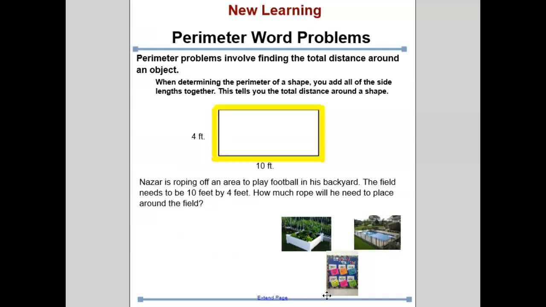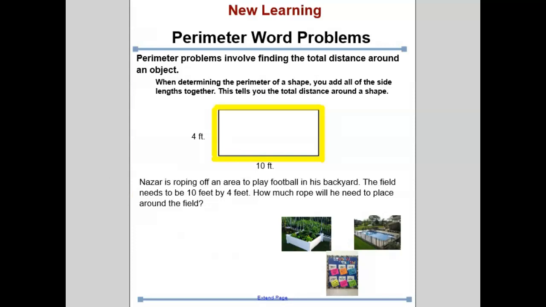Can you guys think of any other perimeter scenarios from yesterday? Yes, you could draw a border just on the outside edge of a picture. We could talk about the frame we used to put around a window.